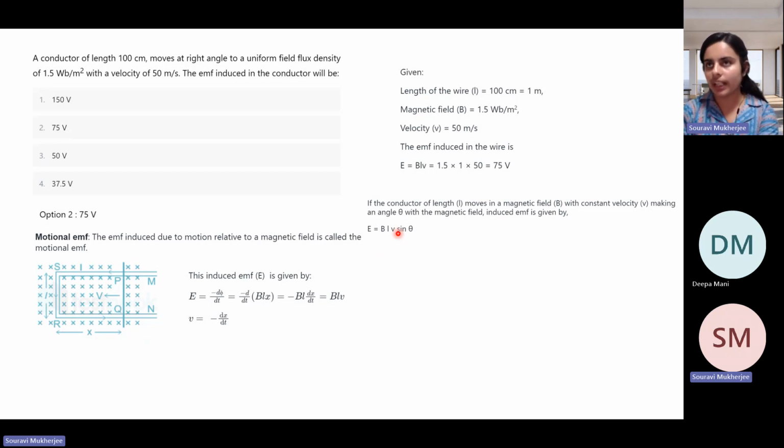EMF is the work done, which is the integral of force over the distance moved. And how is force related to the angle between V and B? The force is equal to Q into V cross B, so that gives you the sine theta component. This is something to remember, because you might not always have the velocity perpendicular to the field. But even in those cases, the flux can change, and so the EMF can be generated.